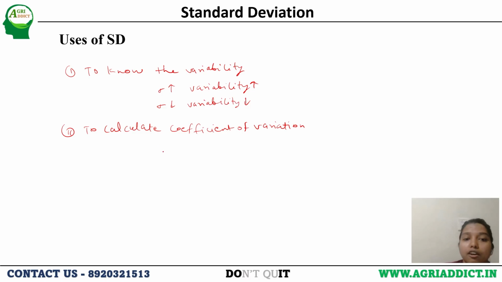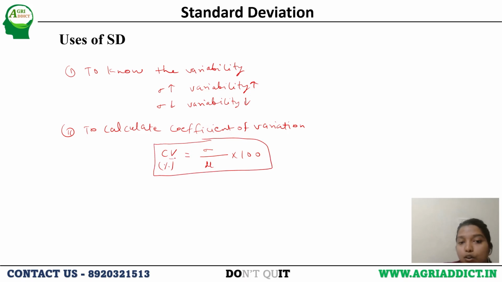Coefficient of variation, as I told earlier, is expressed in percentage and it is unitless. So here what we'll be doing, standard deviation divided by mean into 100. This is the formula. So for calculating coefficient of variation, we need standard deviation.